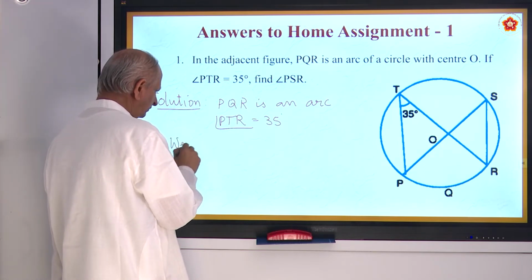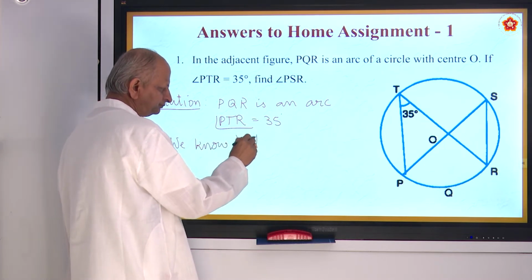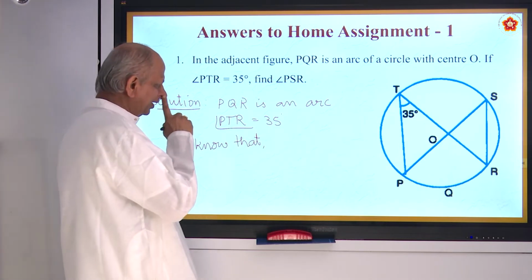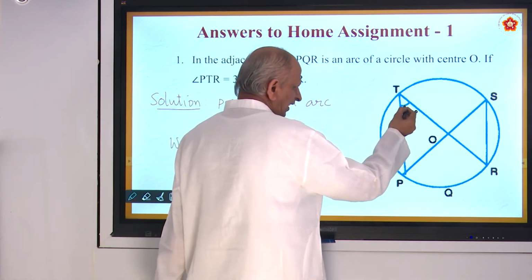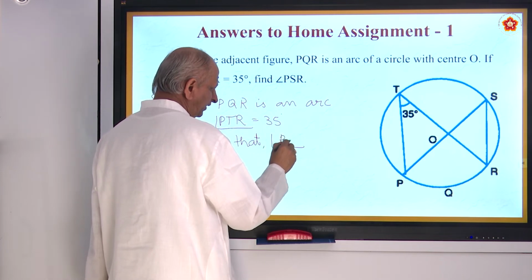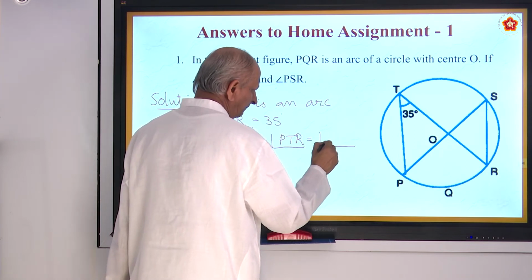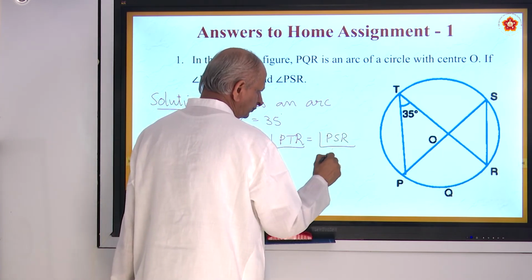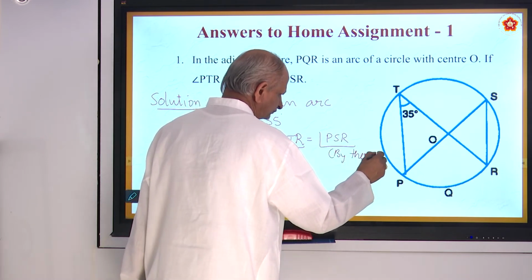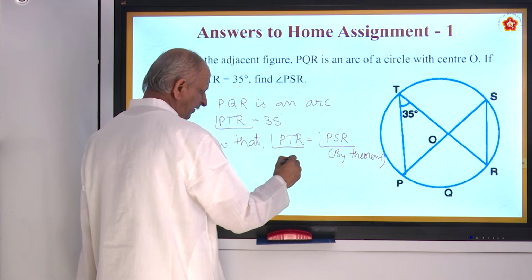So we know that. Of course, some of you may say we don't know that. Means you have forgotten. Now you just remind, okay? What do you know? These angles will be equal by theorem, is it not? Angle PTR, angle at the circumference, will be equal to angle PSR. Why is it so? It is by theorem. What is given here? That is given to be 35 degrees.